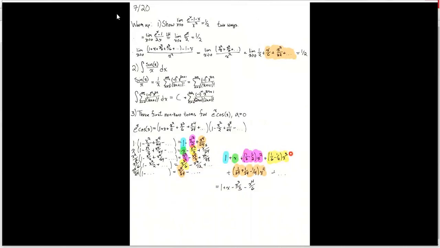So we just went a little bit higher just to make sure that we were okay. If these coefficients were 0, then we would have needed this x to the fourth term. So our final answer is just that right there: 1 plus x minus x cubed over 3.